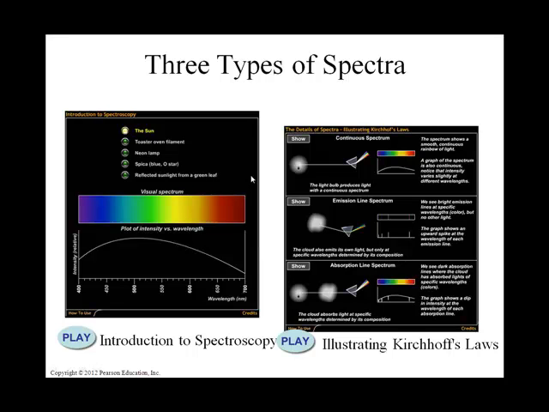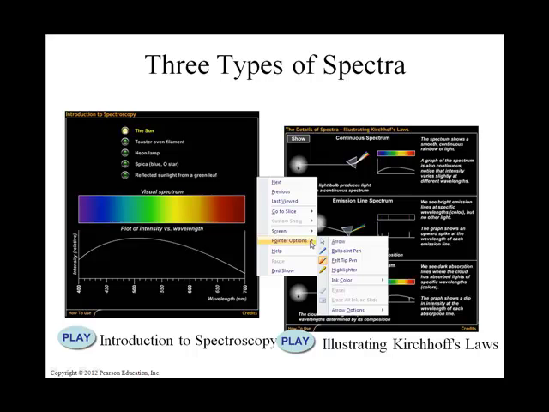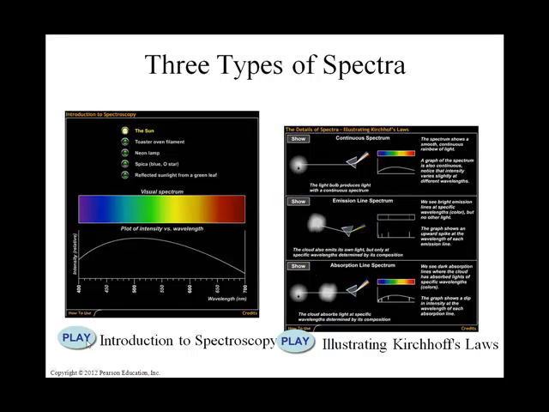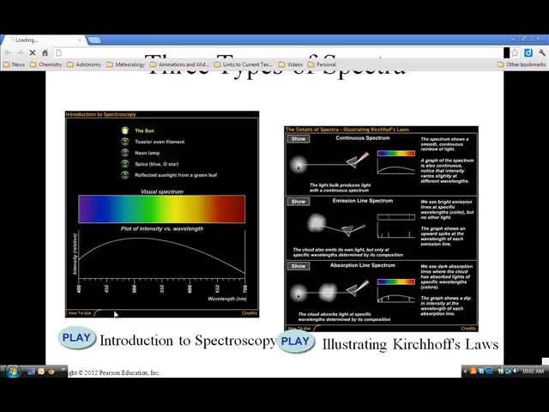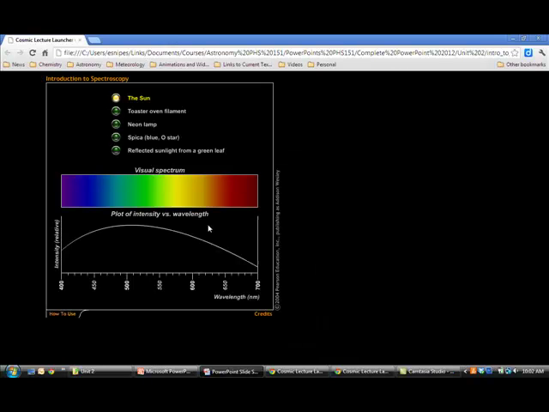Now these are pretty good, so I'm going to go ahead and pull them up. Again, if you have Mastering Astronomy, I'd suggest you take a look at these and play around. You might recognize that we have both the visual spectra and the graph spectrum. The way this little animation works is we can look at different objects. For instance, this is the sun. This would be a continuous spectrum, although if we use a magnifying glass, we can see those dark lines that I showed you in the opening photo of Chapter 5.